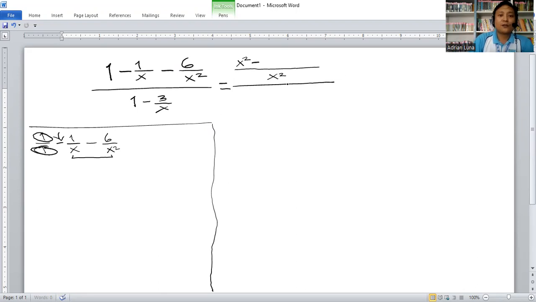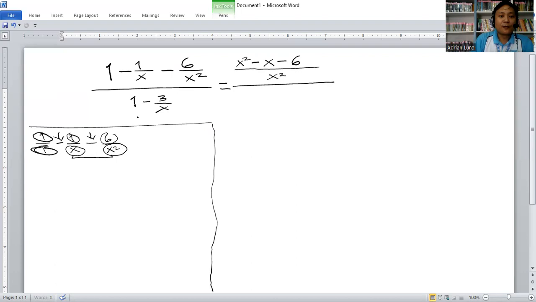Next, the LCD x squared divided by this x is x, times the numerator 1, so x times 1 is equivalent to x. Minus, because it is minus. And for our last term, x squared divided by x squared is simply 1, times 6, so that would be equivalent to 6.